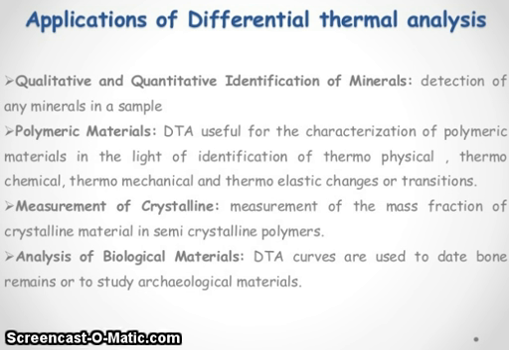Now, what are the applications of differential thermal analysis? Qualitative and quantitative identification of minerals, detection of any minerals in a sample, polymeric materials. DTA is useful for the characterization of polymeric material in the light of the identification of physical, thermochemical, thermomechanical and thermoelastic changes or transitions.